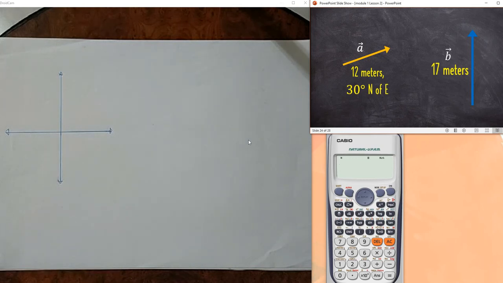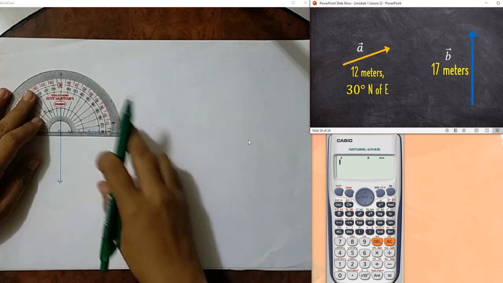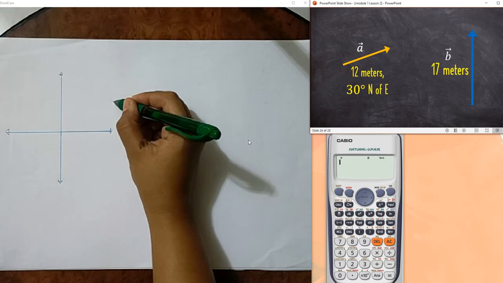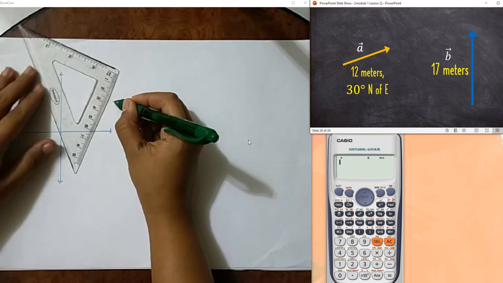So for the vector A, I will be using here the green pen to represent our given vectors. So 30 degrees, it's here, 30 degrees.